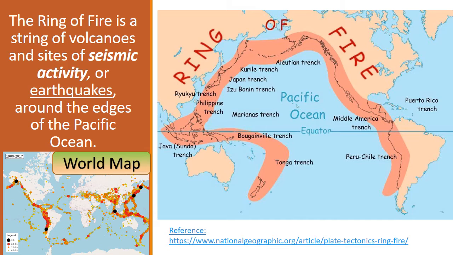At kung makikita nyo, yung makapal na pula, yan yung tinatawag nating location or distribution ng mga active volcano. Yes, distribution. Same location ng distribution ng volcano, earthquake, and mountain ranges. So, that is the Pacific Ring of Fire.